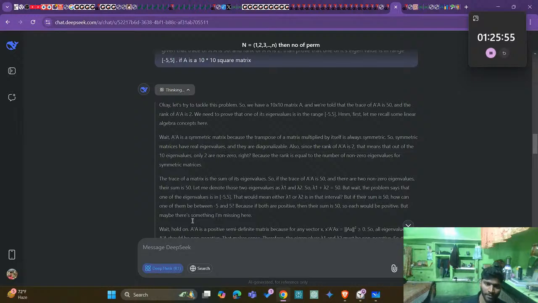So a symmetric matrix has real eigenvalues, and they are diagonalizable.